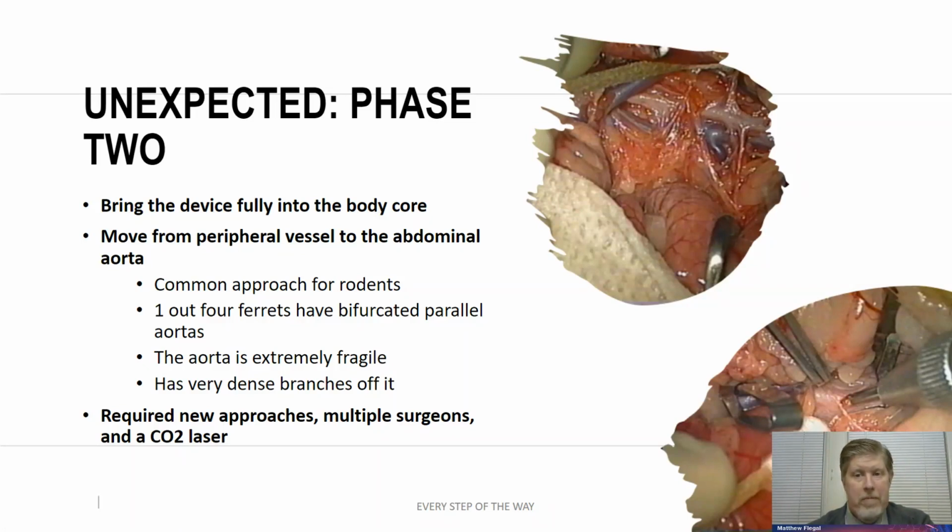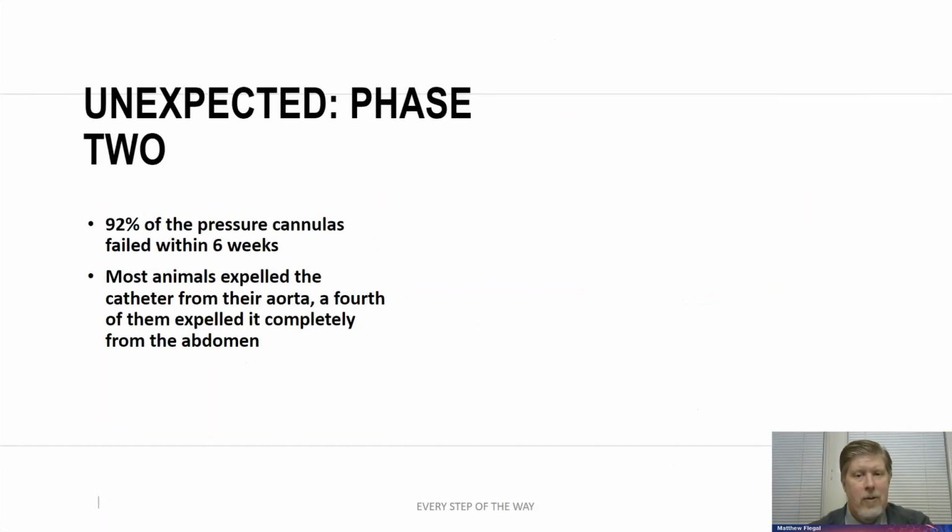And then also, both myself and the other surgeon had to grow additional arms with all of the different swabs and instruments that we had to use to gently push down on all of that collateral circulation to keep that area clear of blood. But so we had multiple surgeons now, new approaches that we'd never used before, and the introduction of that CO2 laser. And it still didn't work.